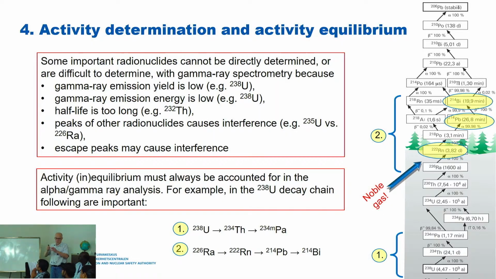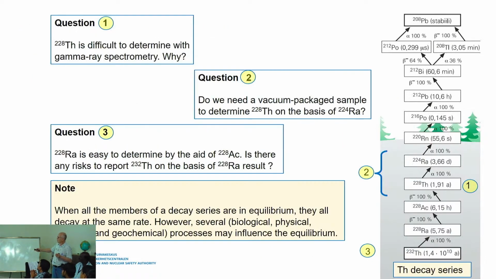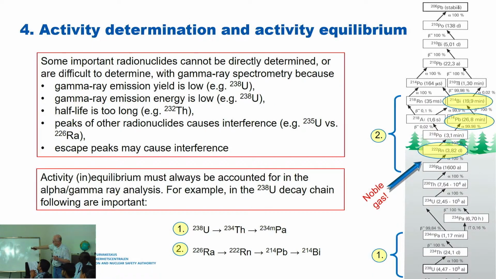However, the beaker must be closed very well so that radon gas doesn't go out from the beaker. This is the case for radium-226. So the point is that this is the problem. It may escape from the beaker.